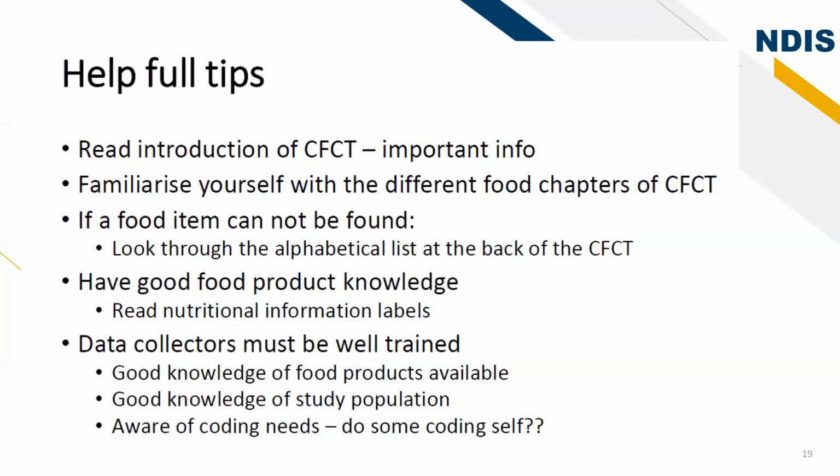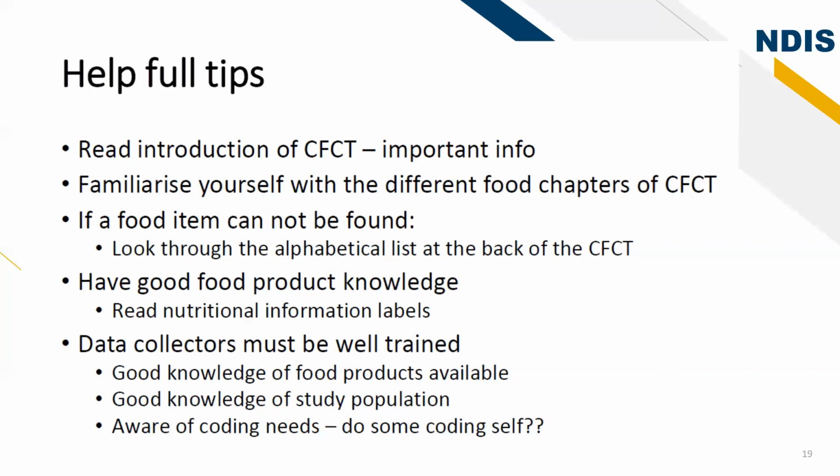A mistake I sometimes make is that I spell it incorrectly, so make sure that your spelling is correct, and if it says nothing found, that you are sure of your spelling. Also, have good food product knowledge, read the nutritional information labels, and use your prior knowledge on food products, or fruits and vegetables as well.